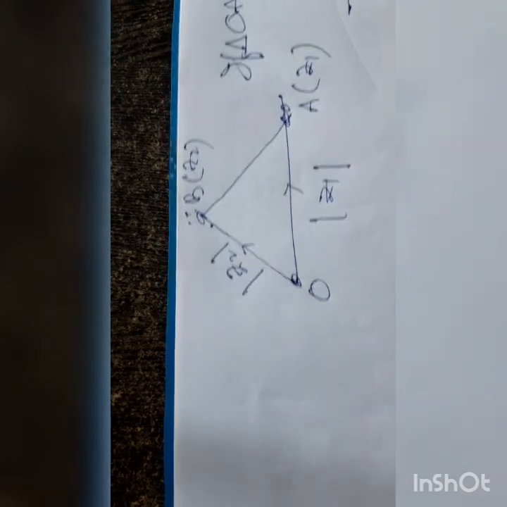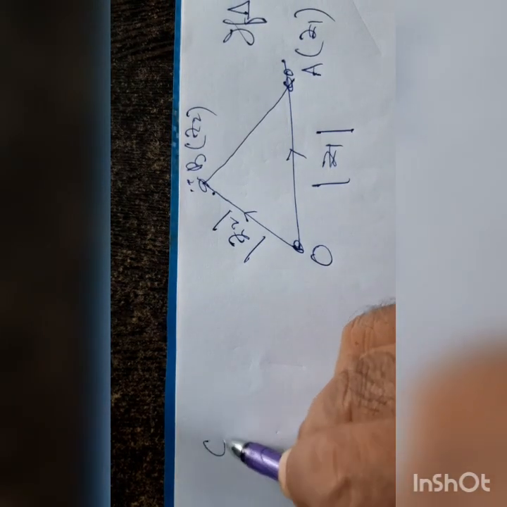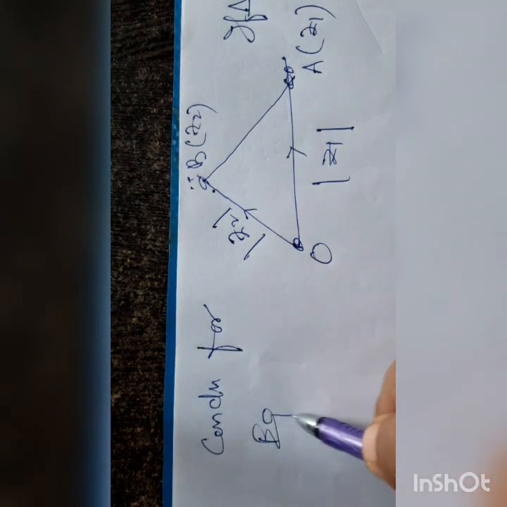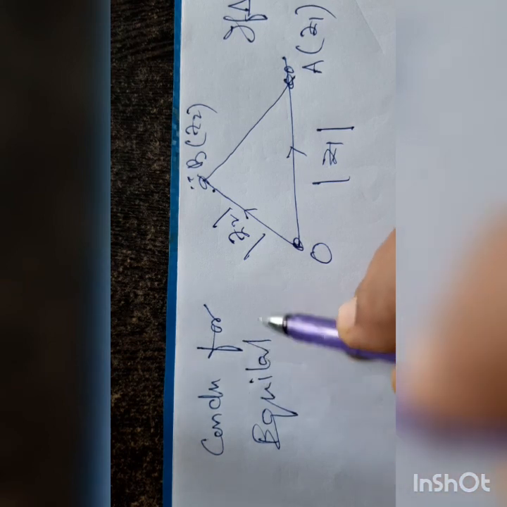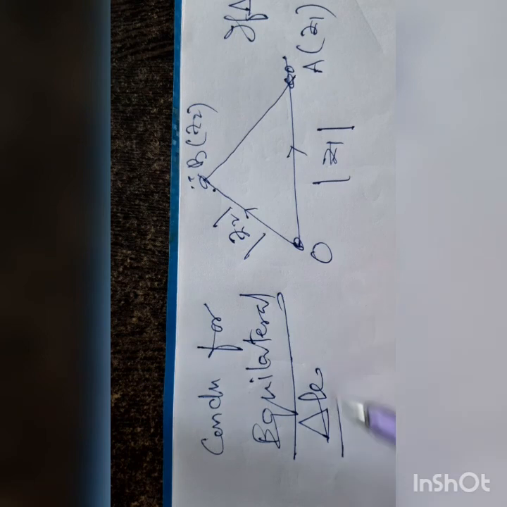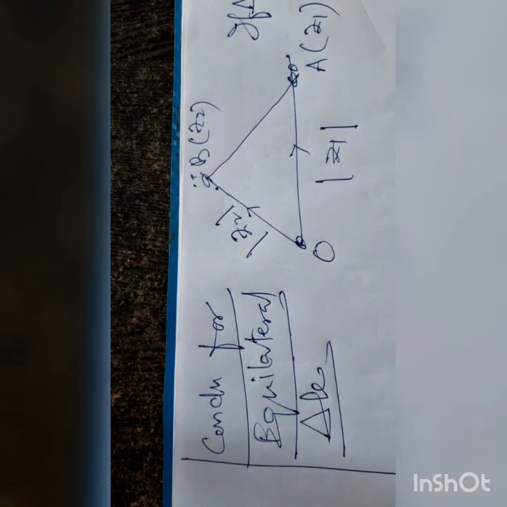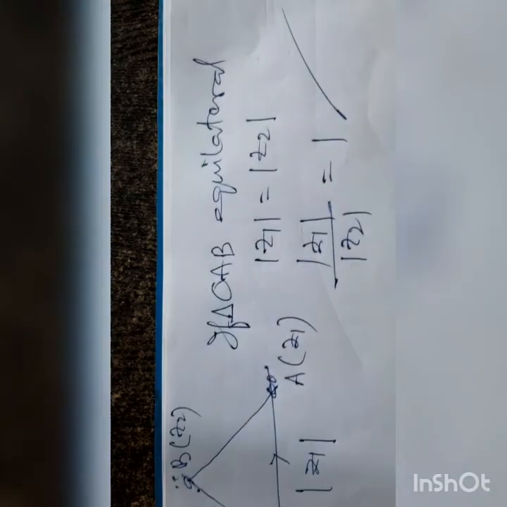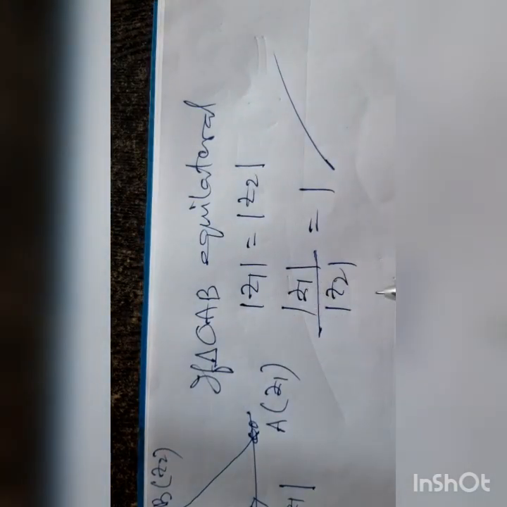So we are finding the condition for an equilateral triangle. Here, mod Z1 by Z2 equals 1.